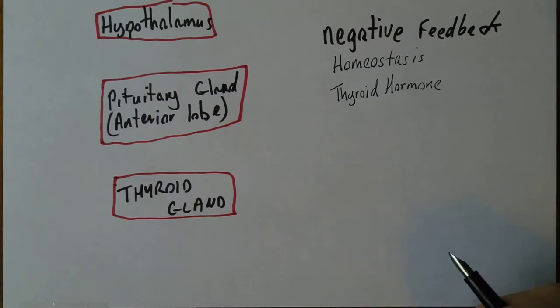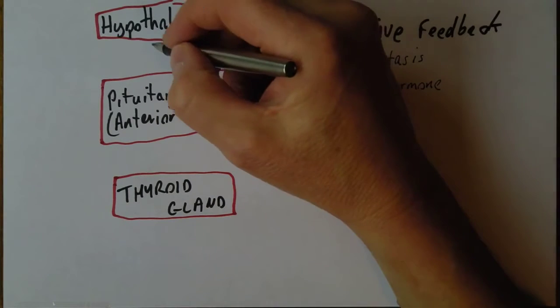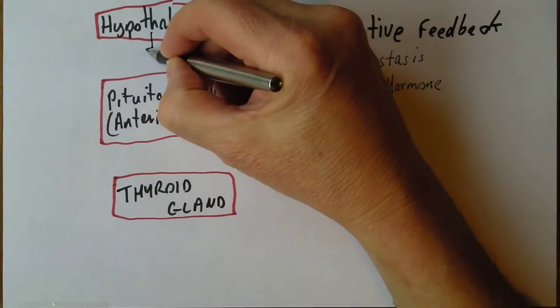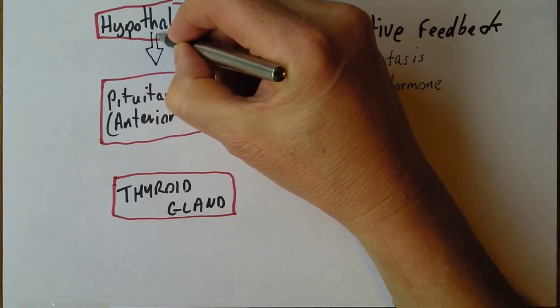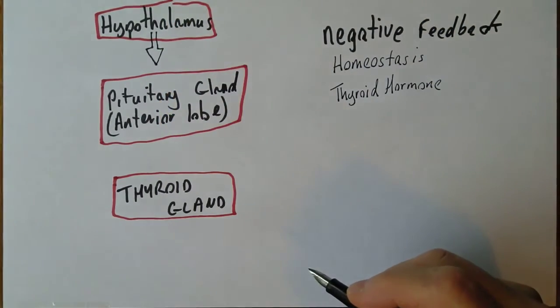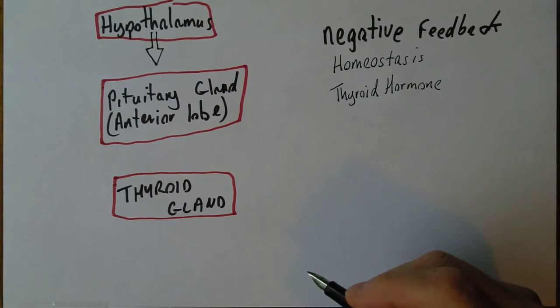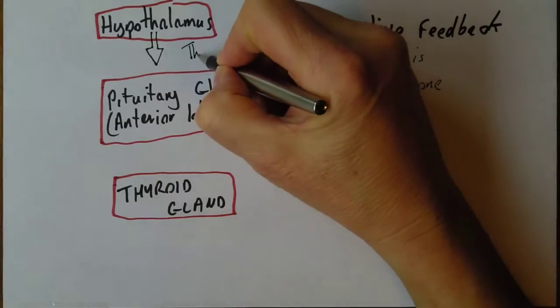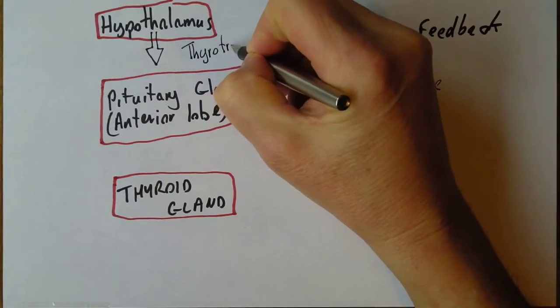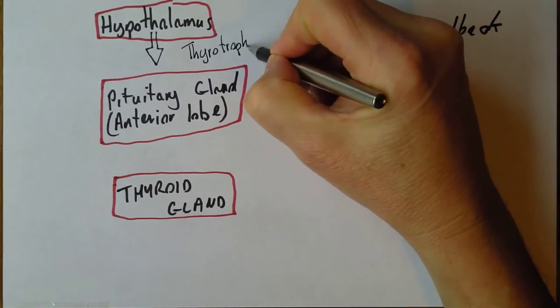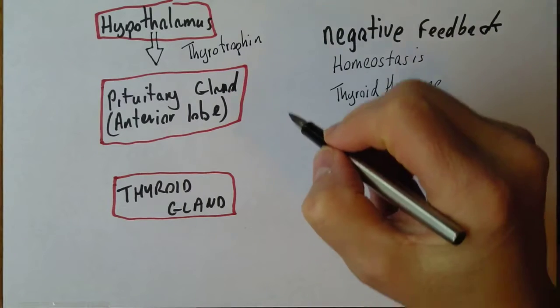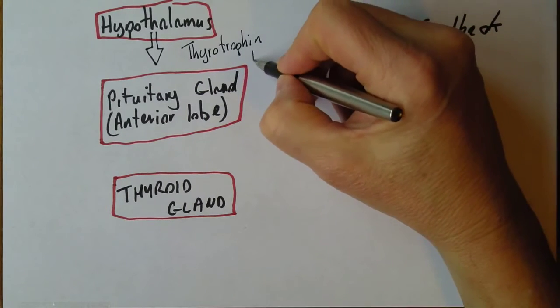So when the levels of thyroid hormone are low, the hypothalamus will start things off, and it will produce a releasing hormone called thyrotrophin releasing hormone, or releasing factor.